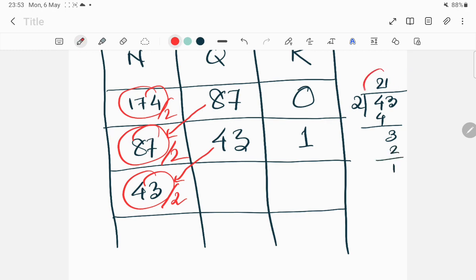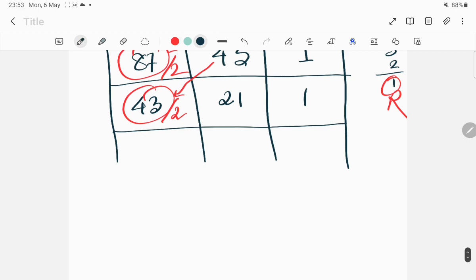So we have this as a quotient and this as a remainder. So we have 21 and then remainder as 1. Next step is we need to bring it here. So it is 21.